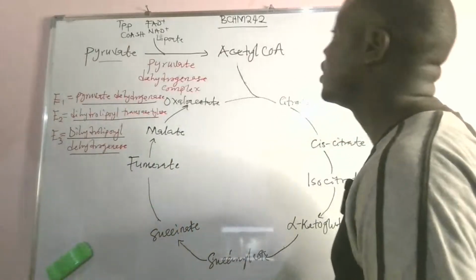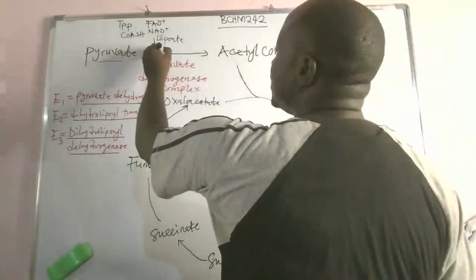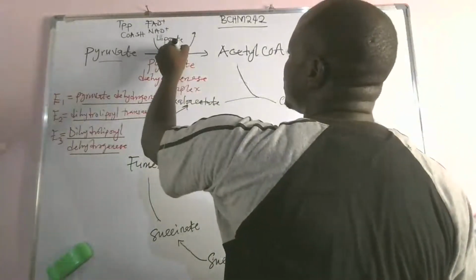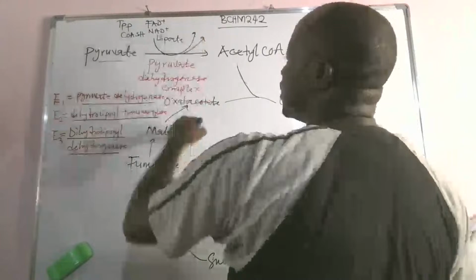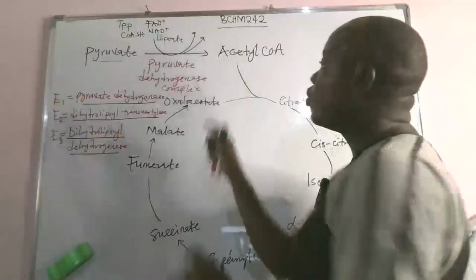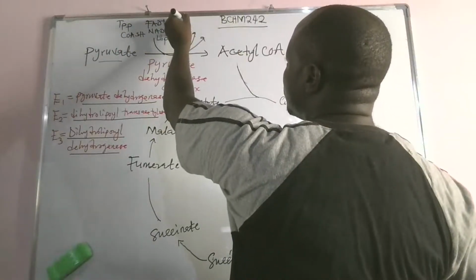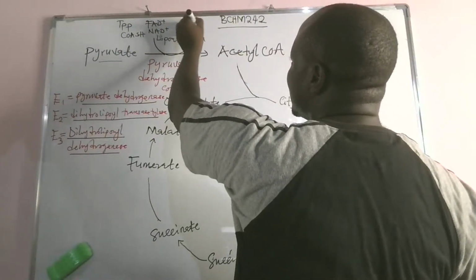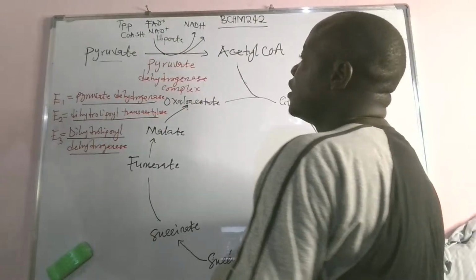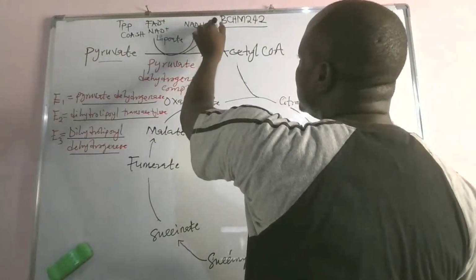So after that, you generate acetyl-CoA, and of course, these coenzymes also generate products as they enter. Like this NAD plus will produce NADH. The FAD will produce FADH2.